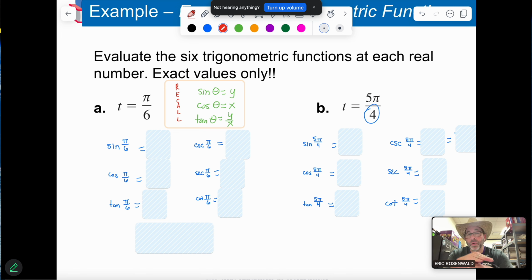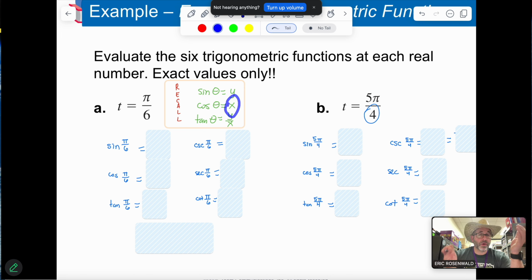Again, this only applies in a unit circle. That's because the radius is 1, so the y divided by 1 that would normally take place is just a y, and the x divided by 1 is just an x. This only works for a unit circle.